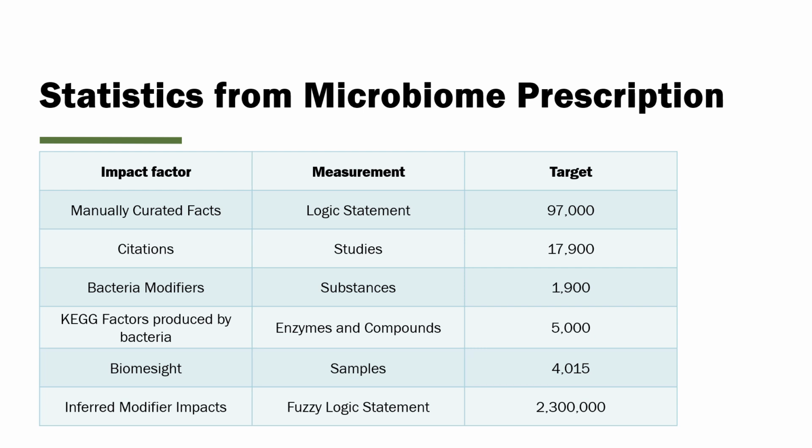I keep mentioning Microbiome Prescription because it is what I ended up writing, which ended up demonstrating this as possible. Microbiome Prescription is a public citizen science site, and it's never going to become the exclusive property of any company.